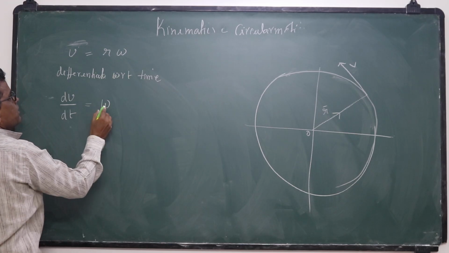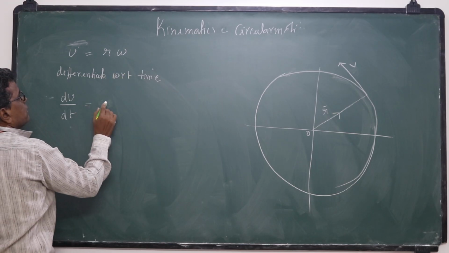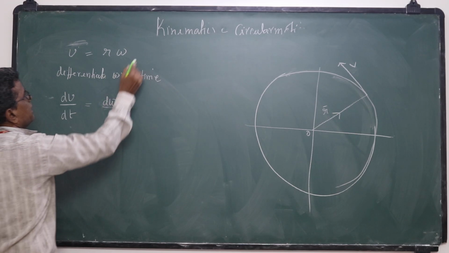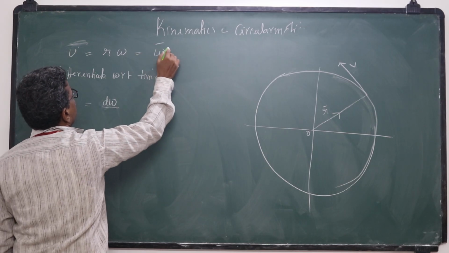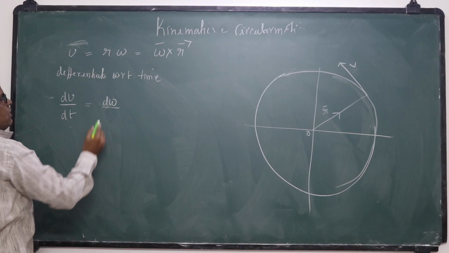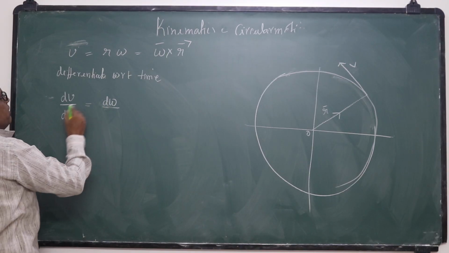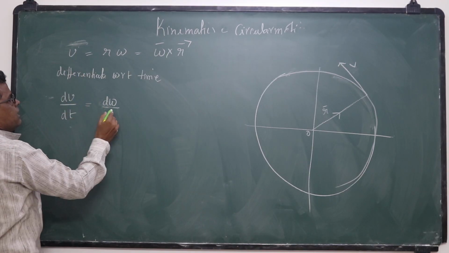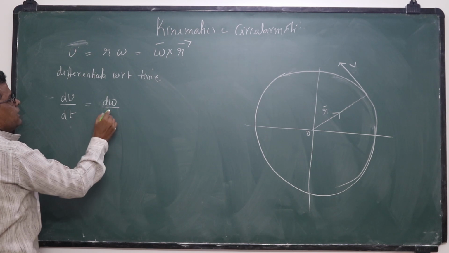This can also be written as omega bar cross R bar in vector form. I am differentiating this using the product formula: d omega by dt into R plus omega into dR by dt.